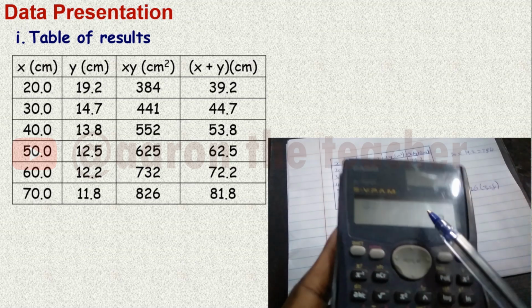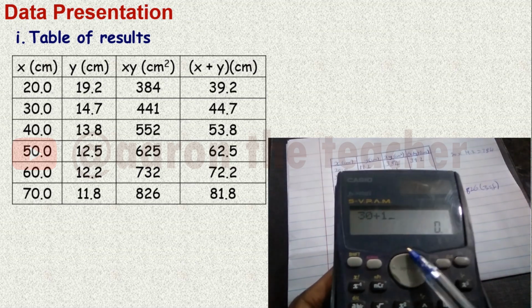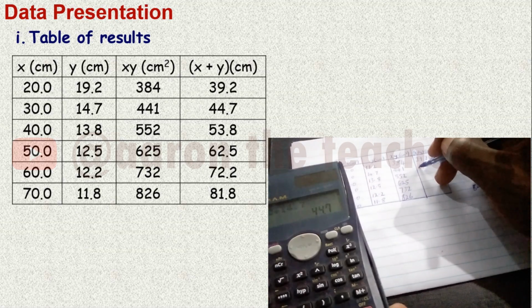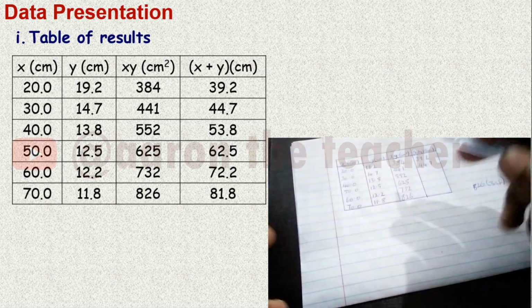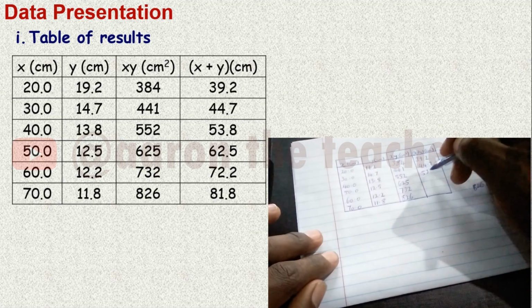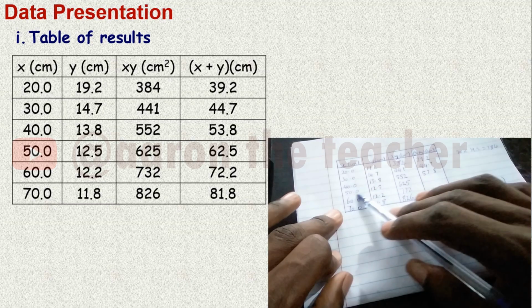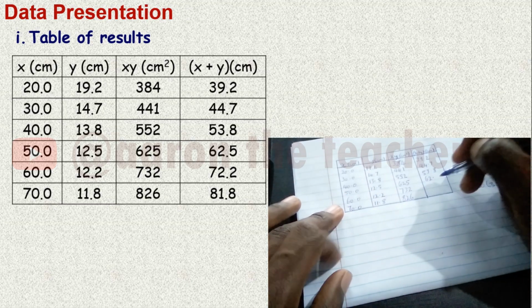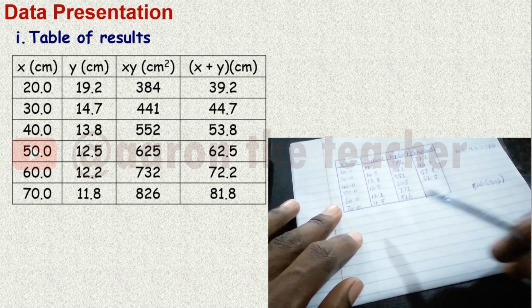If I add 30 plus 14.7, I'm getting 44.7. This is 44.7. Of course, this one will be 50.8. This one will be 62.5.